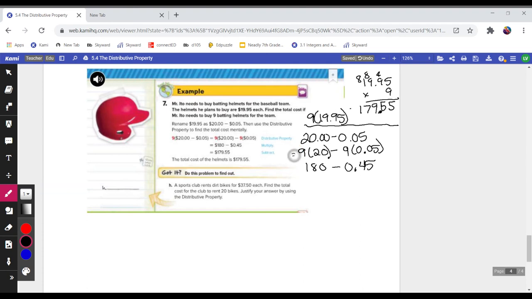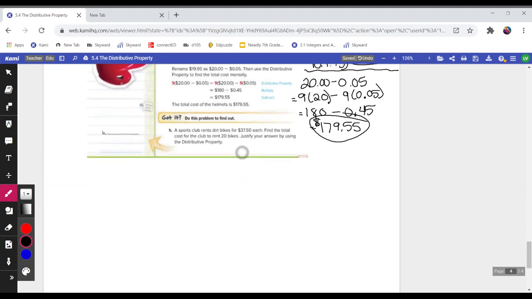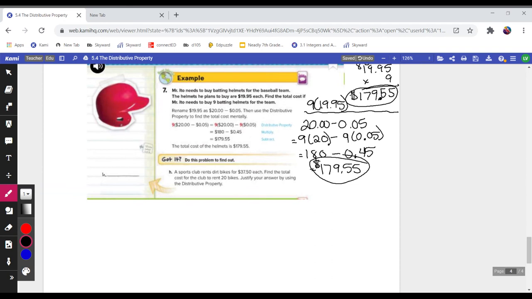So when you subtract these two, that's going to give you $179.55. Same answer as I got when I did multiplication without estimation. Again, either way is appropriate.